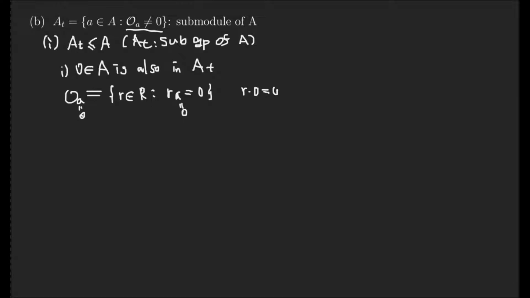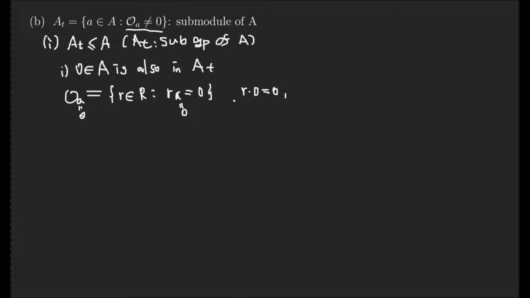So if we find an element r such that r times 0 is equal to 0, r is non-zero. So any element in R can work: for any element r, r times 0 is equal to 0.